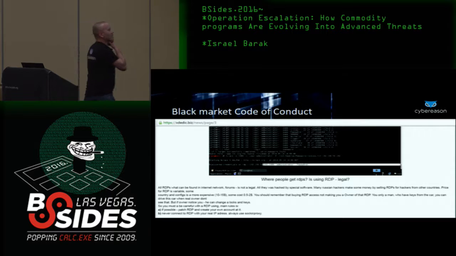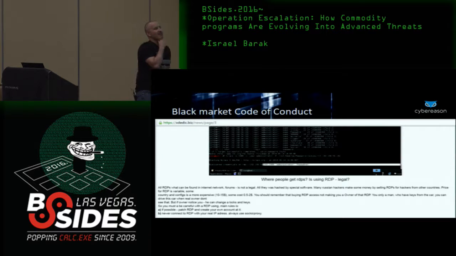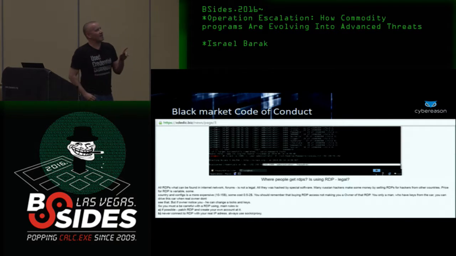So next thing, when people get RDPs, is using RDPs legal? All RDPs that can be found in internet forums are not legal. But what they're saying is, they give you this sort of tips. They say, you must be careful with an RDP.